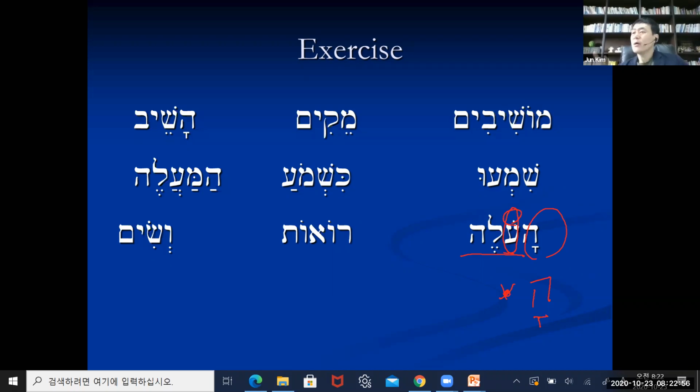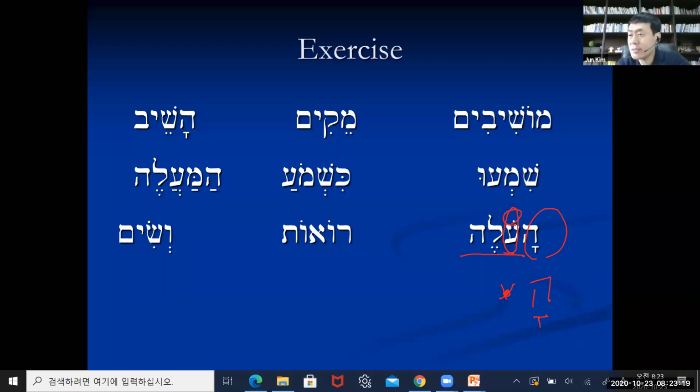Of course, if you think this is definite article he, then you need to make sure that the verb is appearing in the specific form of participle. Why? Because only participle can be attached to the definite article. So there must be some clue.